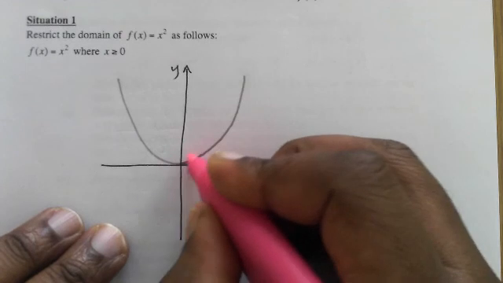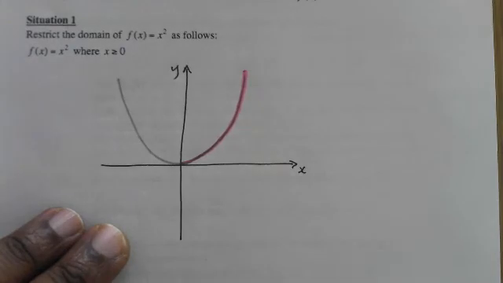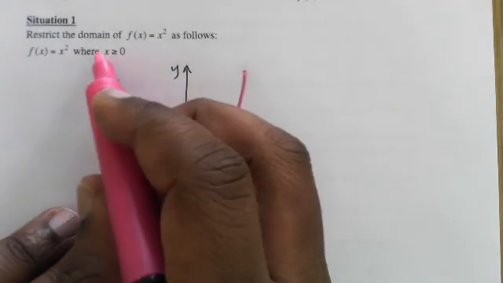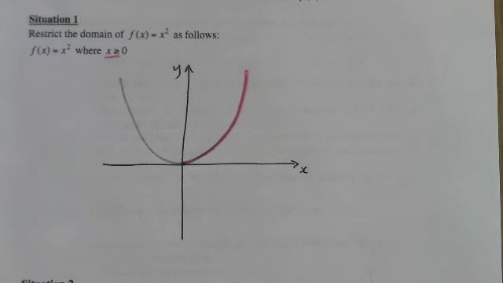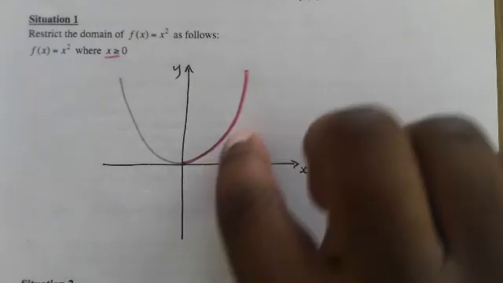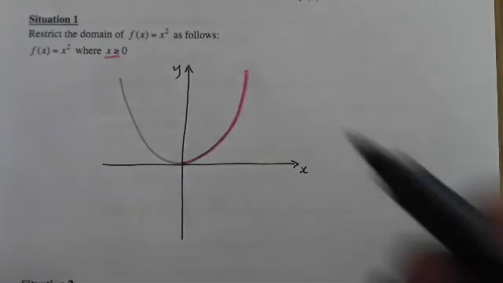So that means we're only going to take this to be our graph. We're only going to take that because the domain is restricted. Okay? So when we only take that, we're only going to find the inverse of that. So let's remember we need coordinates. That's what we're going to swap around.